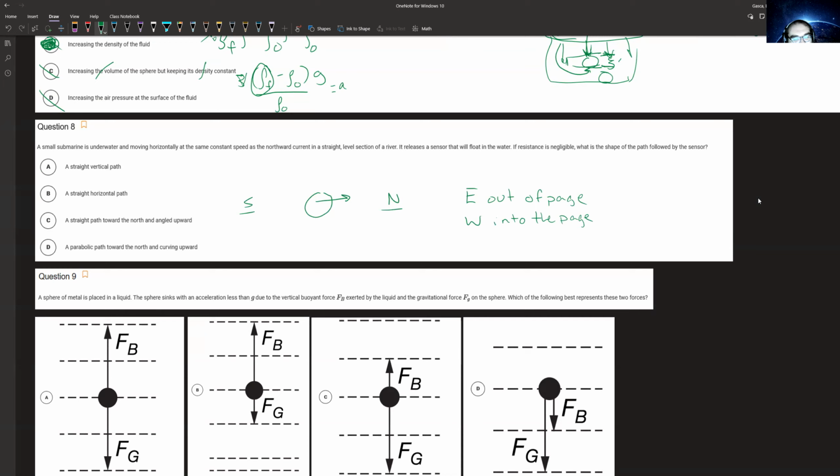Okay, so our submarine was traveling north, giving it some velocity in the northern direction. But because it's supposed to float, when we release it from water, it's going to accelerate upward.